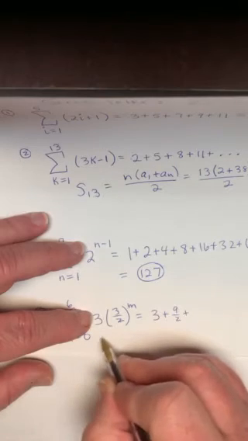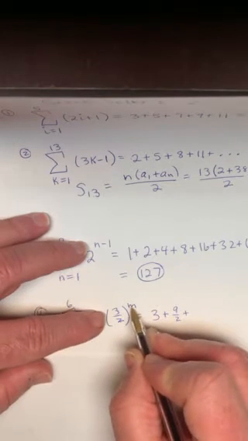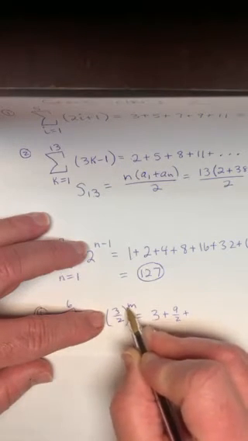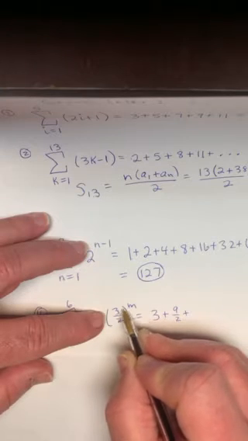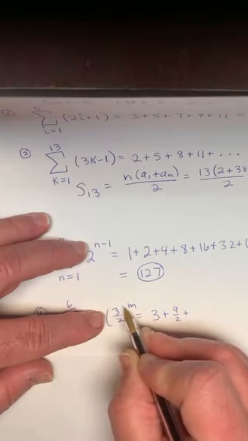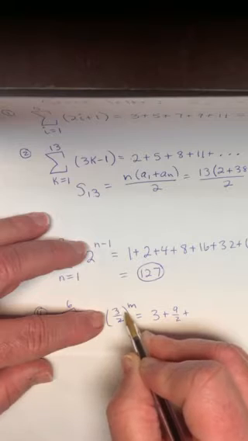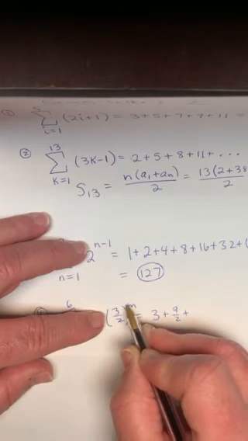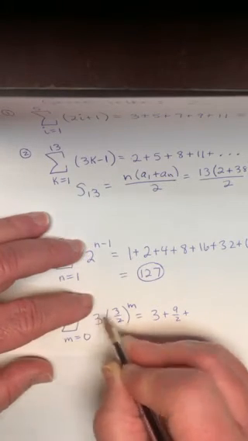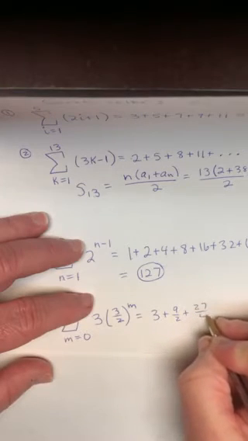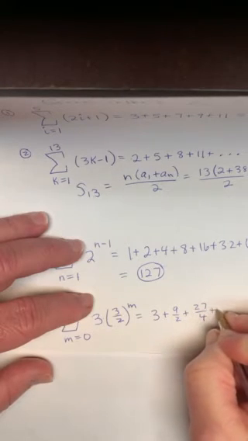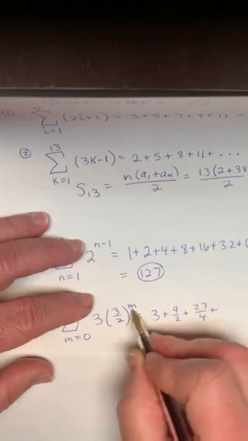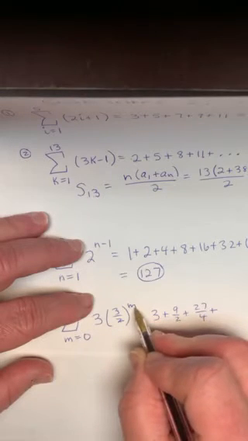Plus, now plug 2 in for m. Now careful, 3 halves squared means 3 halves times another 3 halves, which would be what? Thinking with me, 9/4 times 3 is 27/4.